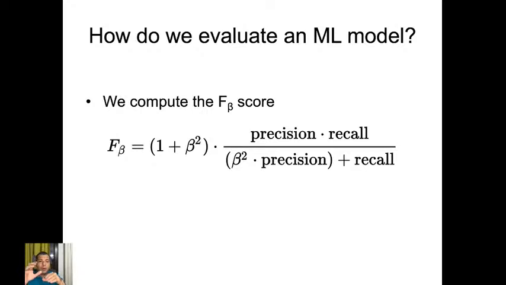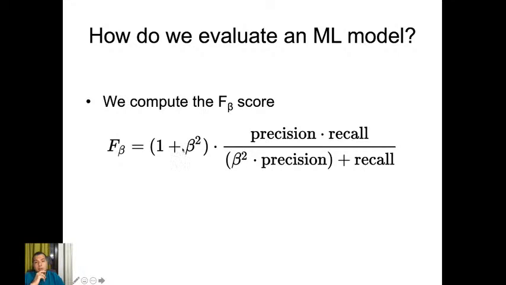Beta balances the weight between precision and recall. It depends. For example, if you want to have higher precision, you can choose beta accordingly. But if you want them to be equally weighted, beta will be 1. So the F1 score considers precision and recall with equal weights.